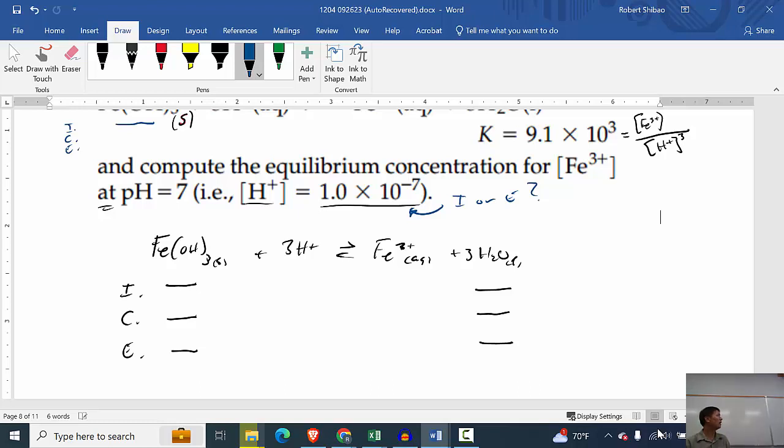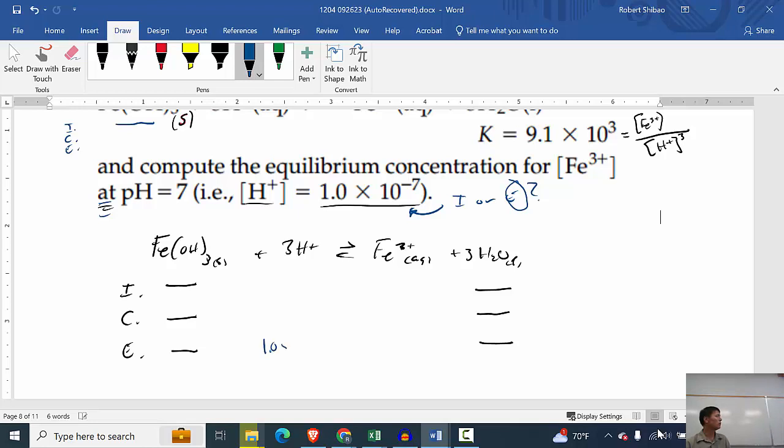Okay, they say at pH 7. So if we started at pH 7 and it's initial, then the pH is going to change because H plus concentration will change through the course of the reaction. And so by the time we get to equilibrium, the pH had changed. And so we want it at pH 7. So if it's at pH 7, that must mean it's at equilibrium.